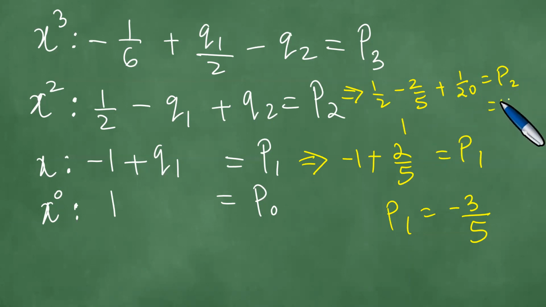And that means that P2 equals... okay, we just have some nice little basic fractions. So if you have 1/2, 1/2 minus 2/5 plus 1/20th.